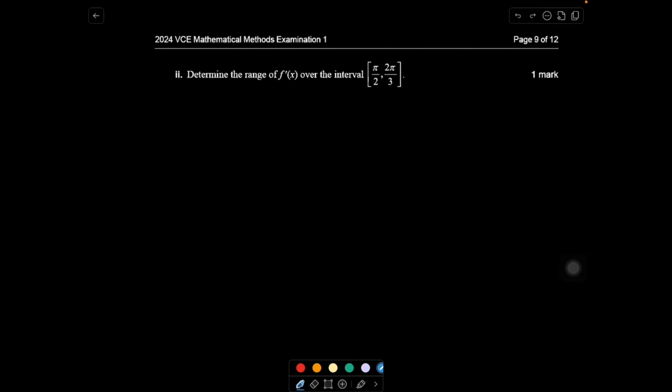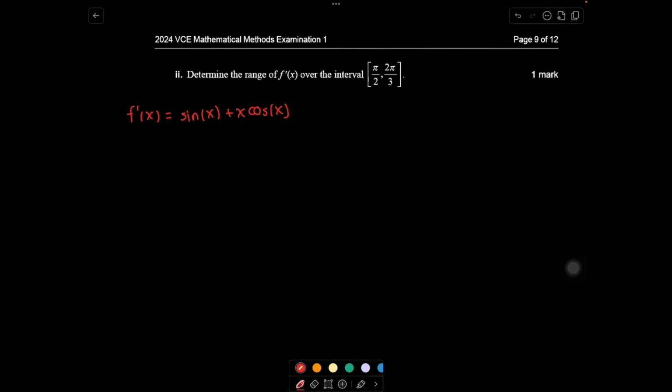This question is asking us to find the range of f dash of x over that interval. It's important to remember that f dash of x just refers to our gradient. So it's just asking us what's our lowest gradient and what's our highest gradient in this interval. So we need to use the derivative from the previous question that we found. So f dash of x is sine of x plus cos of x times x.